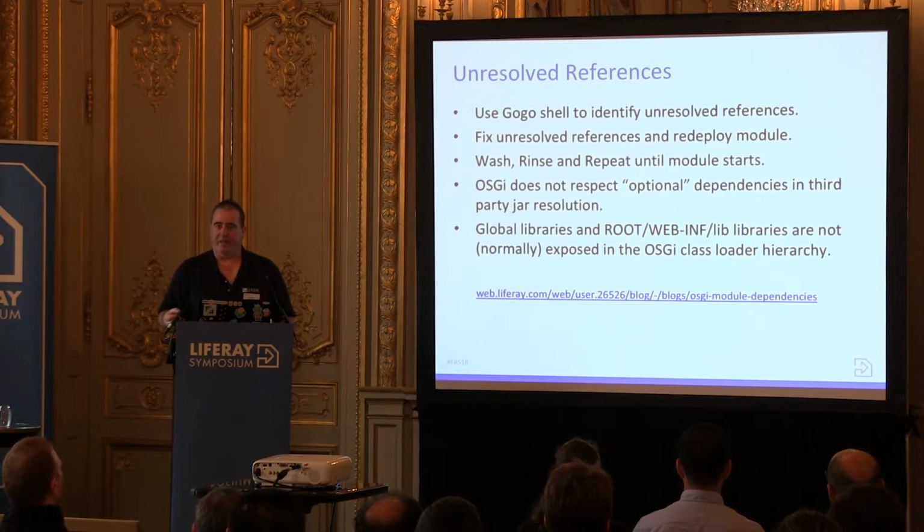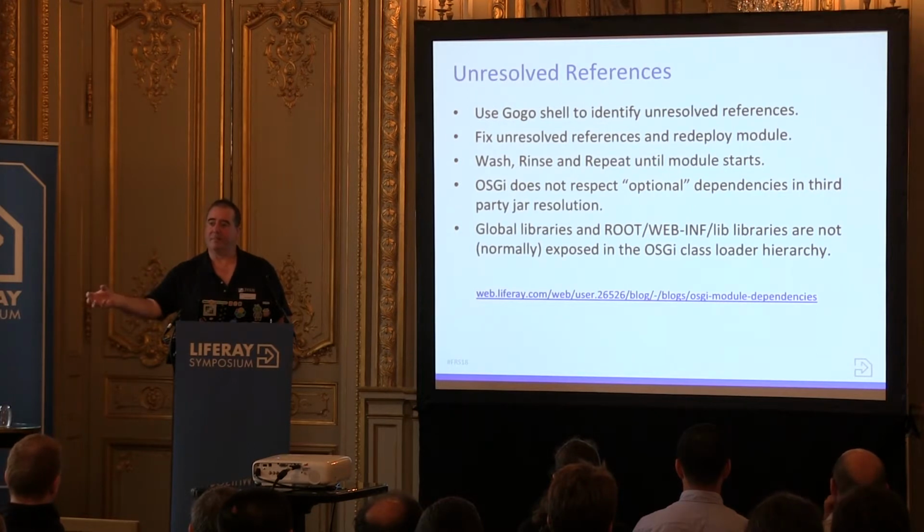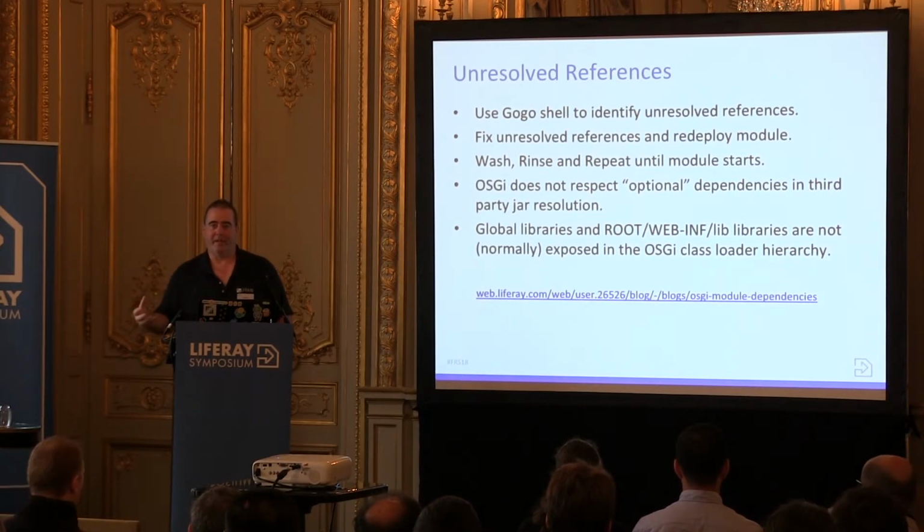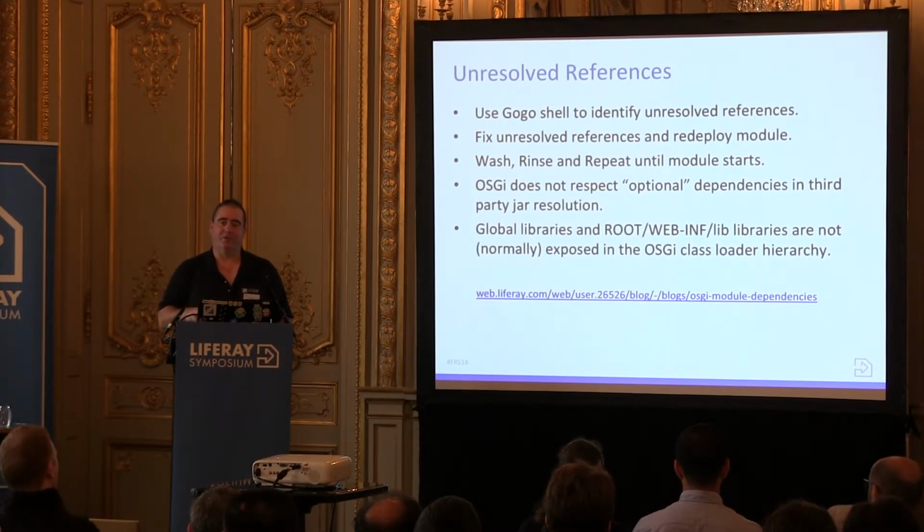This is your dependency management issue. You have either a direct or a transitive dependency on something that is not available in the container. So you have to go through and find the dependency, either include it in your module or specifically exclude it. And then you try again, and you're going to wash, rinse, repeat until your module starts.